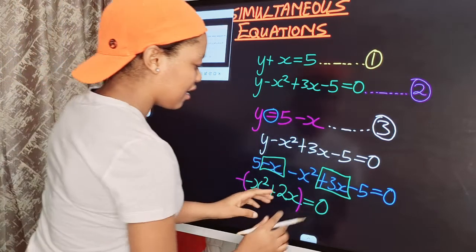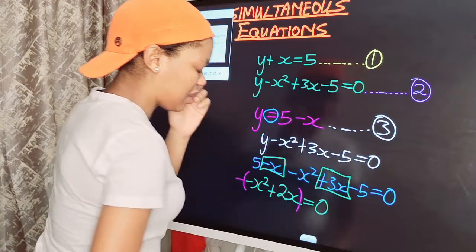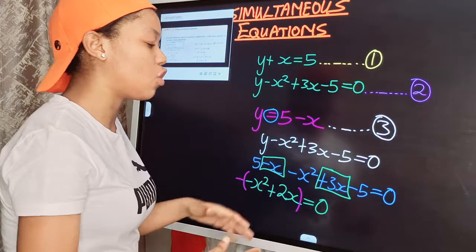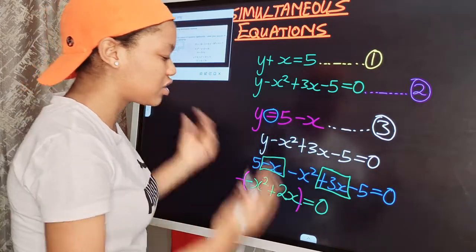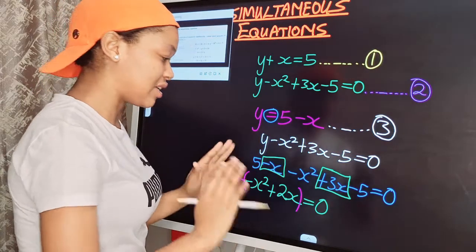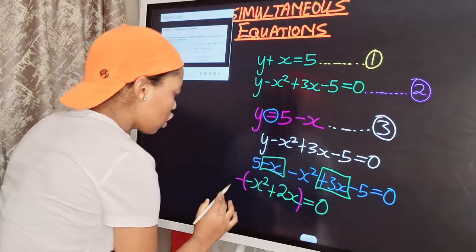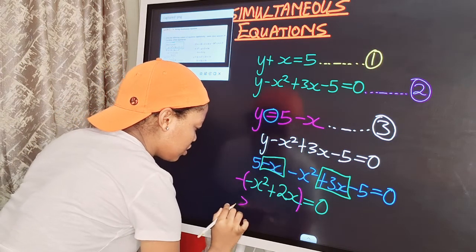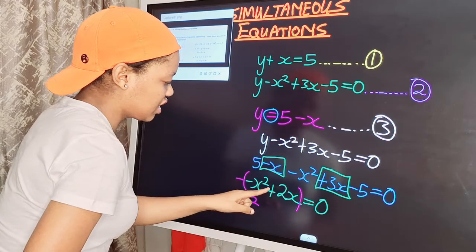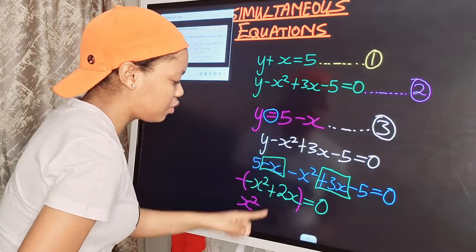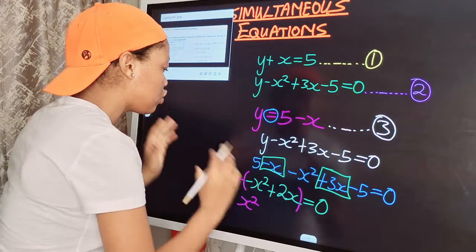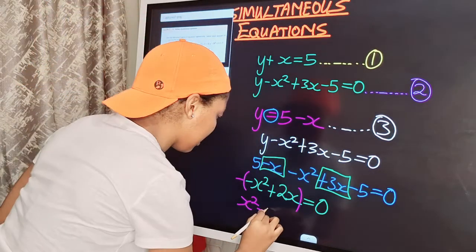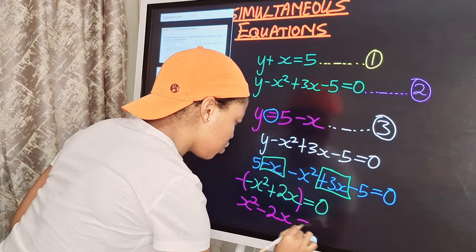The 0 we also need to multiply by negative, but in this case for 0 there is no need, because 0 multiplied by a negative or by a positive remains 0, it doesn't have a sign. So negative times negative gives us positive x squared. Then negative times positive: negative and positive are two different signs, so when you multiply two different signs, the answer is going to be negative. So it will be negative 2x and is equal to 0.